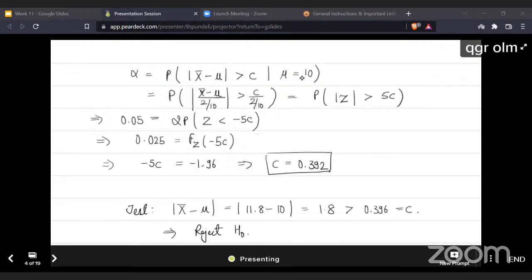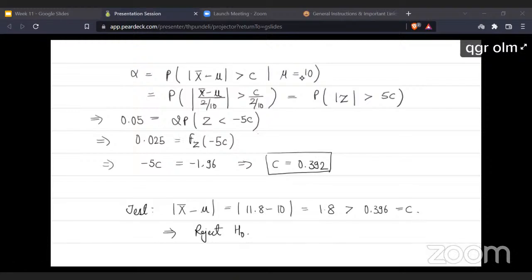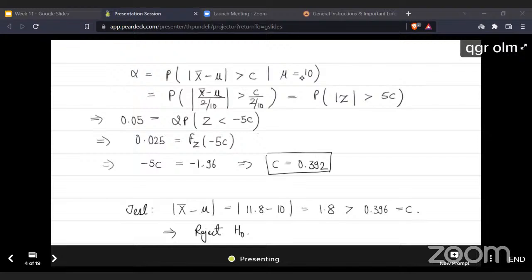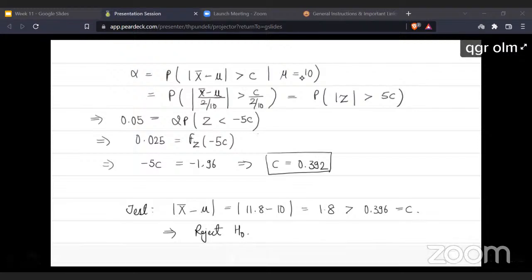You are already bringing your random variable to one whose mean should be 0, so you don't have to subtract it again. Ma'am, we have to subtract it if we take mod of x bar greater than C. Once we are normalizing it, in that case you will have to subtract it.